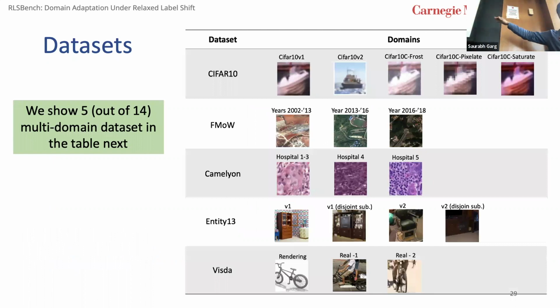To show a subset of what these datasets are, I have a slide here which shows that on FMOW, the shift happens over years, over different years in which they've collected the data. For Camelyon, it's again different hospitals in test and train. For NTD13, there are different subpopulation shifts, or shifts due to replication studies that appear due to human preferences and things like that.